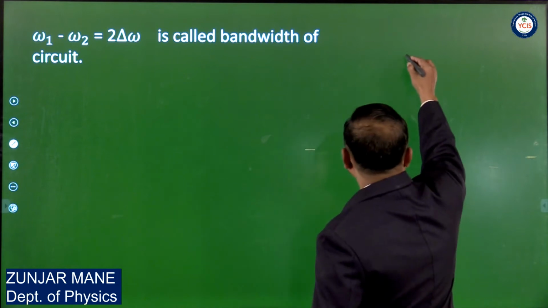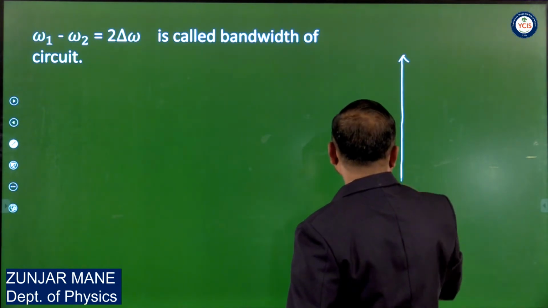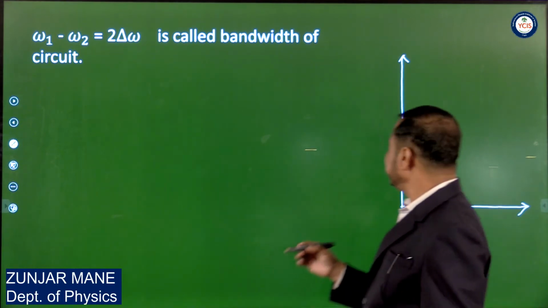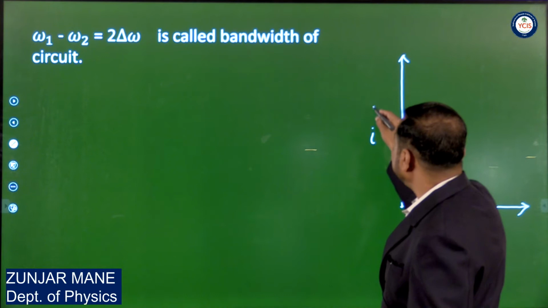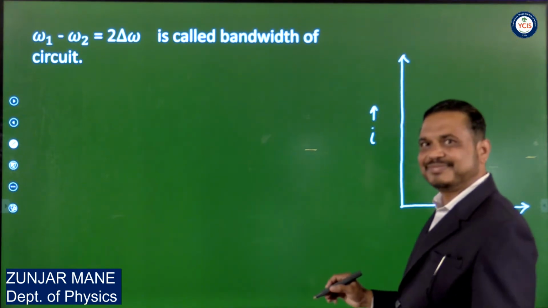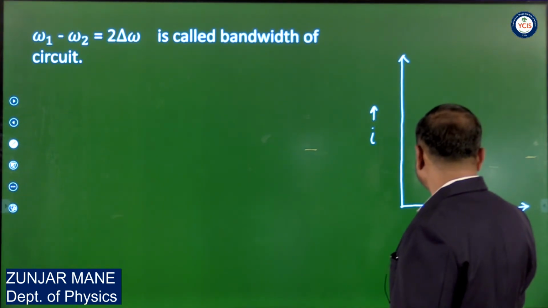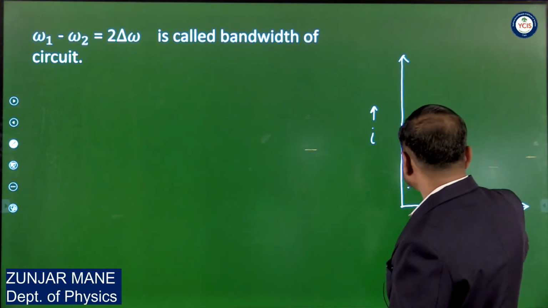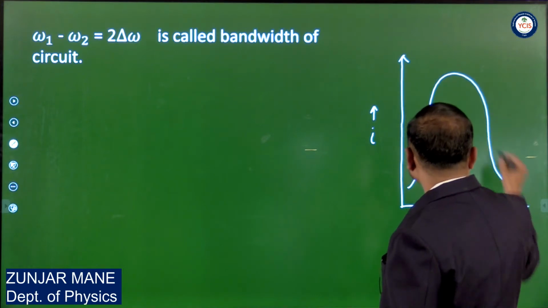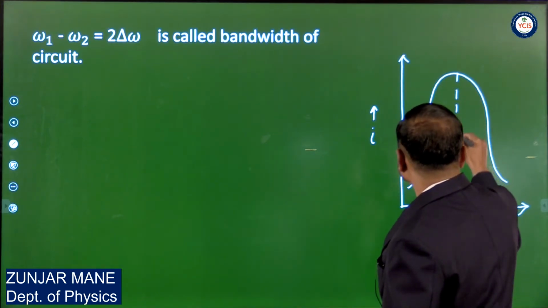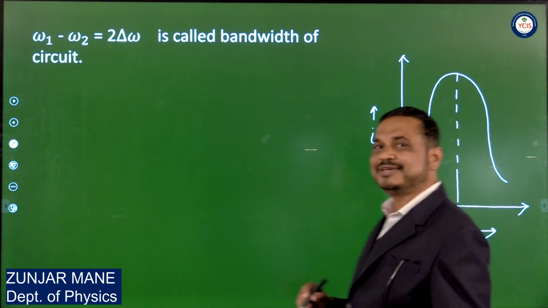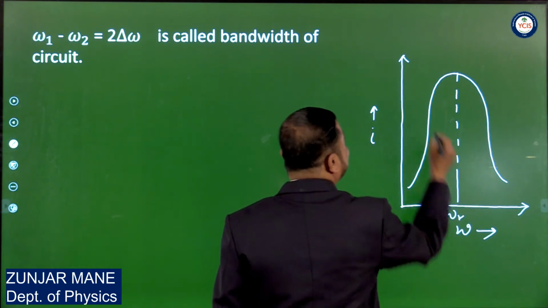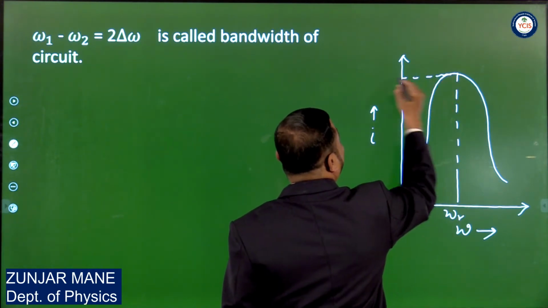If we see the resonance curve, in case of series resonance, we consider only series resonance. If we take the current along the y-axis and the angular frequency along the x-axis, suppose this is the resonance curve. Suppose here the current is maximum and that frequency is omega_r, and the associated current is I0.